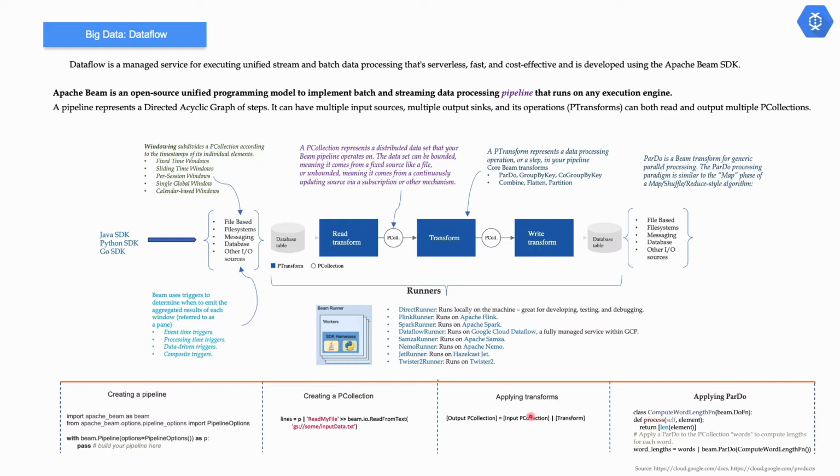Applying a transform applies a transformation on that particular PCollection, and applying ParDo. ParDos are like the transformation steps using functions. In this particular case, this is a function which takes the length of an element, and that function is being called from the pipeline using ParDo.